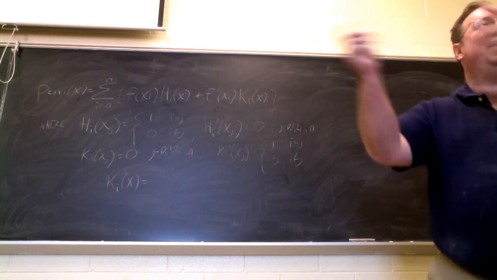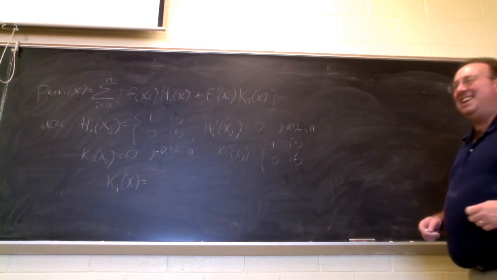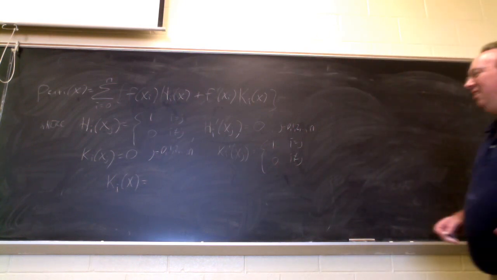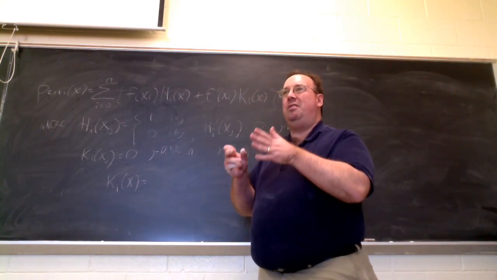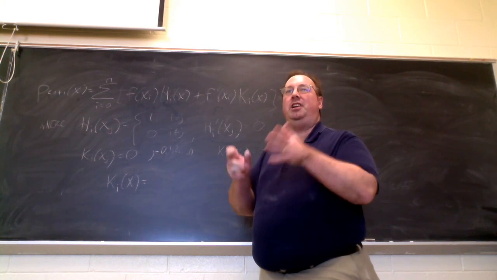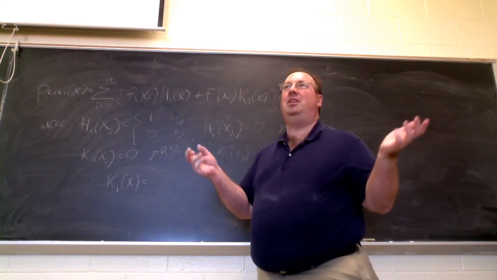Yes, Lagrange polynomials. But the thing is, a Lagrange polynomial has each factor once. We need it twice. So what do we do? We just go ahead and square it.